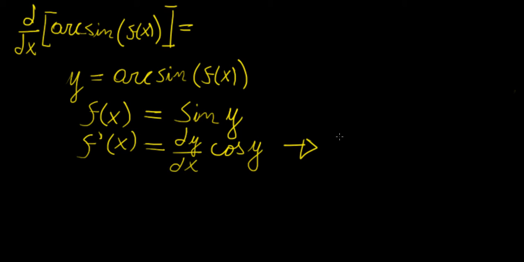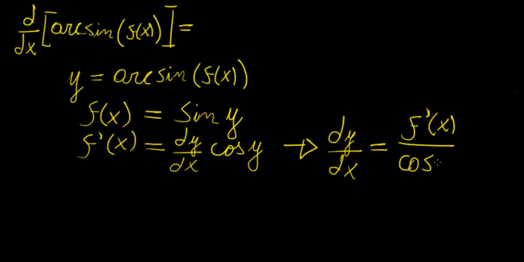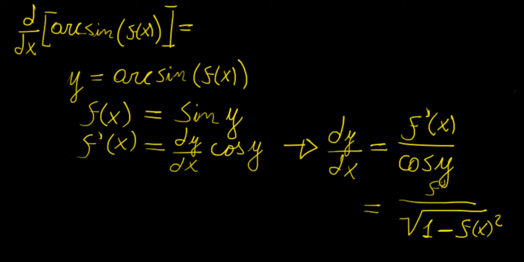Then this is going to lead to dy over dx equals f prime of x over cosine of y. And we learned from the first example that we just did that this can be replaced by the expression square root of 1 minus the argument of the function squared, so that's going to be f of x squared. So we're going to end up with this expression, f prime of x over this. Same applies for arc cos and arc tan.